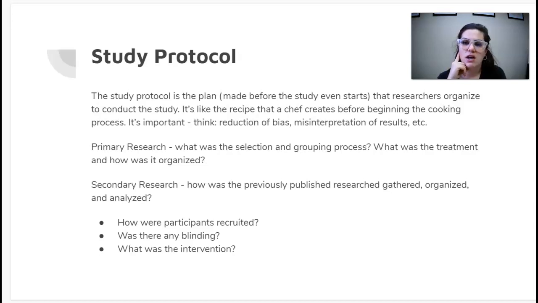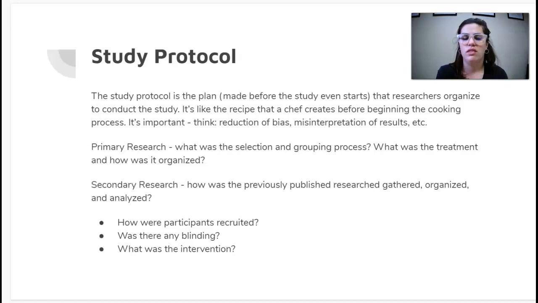With secondary research, primary research would be like a new experiment or a new observational study, whereas secondary research is when we take previously performed studies, take their data, and try to do something new with it. So with secondary research, we would be asking questions like, how was this previously published study gathered, how was it organized, and how was it analyzed?